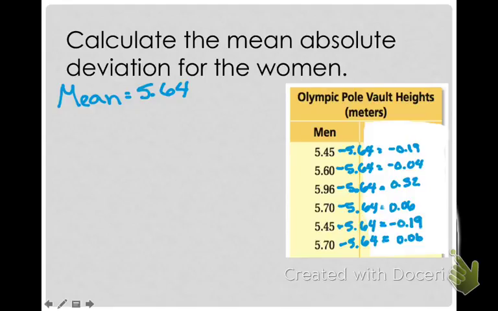Now, because this is the mean absolute deviation, I take the absolute value of each of these, which will always end up being a positive number. That's why we've been practicing positive numbers in class a lot lately, just so you guys would remember what absolute value meant. So now I'm just rewriting them as their absolute value, and then in a second I'll be typing these into my calculator.